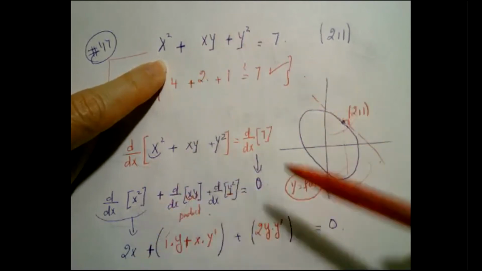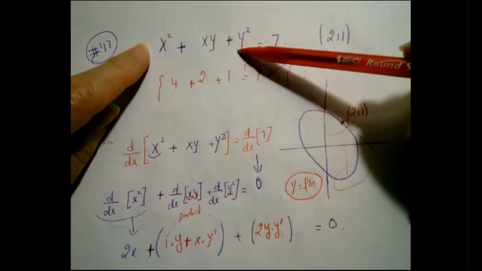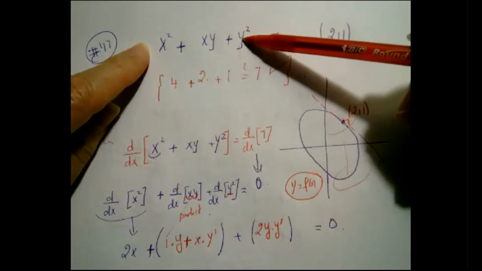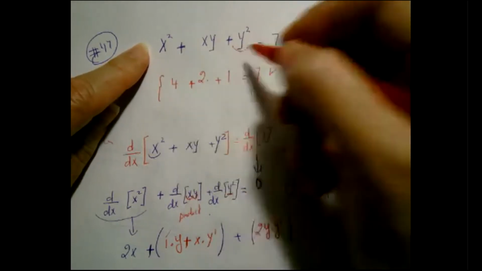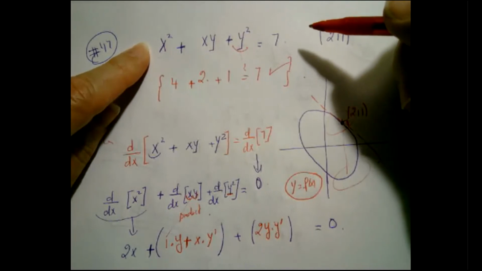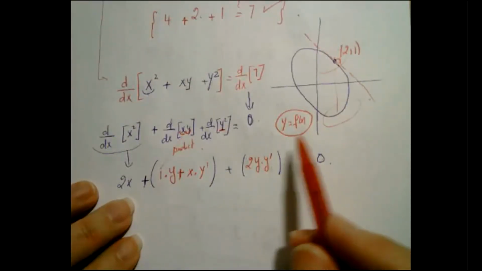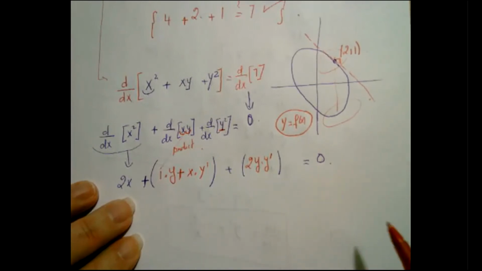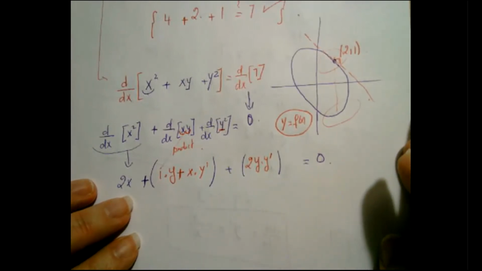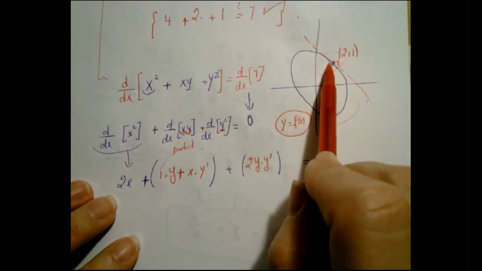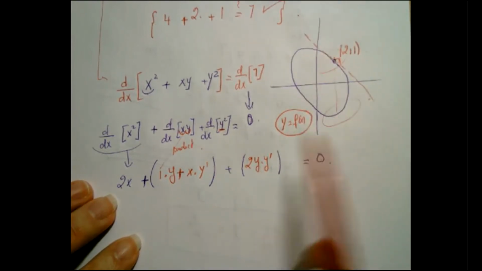I have to go back here and find a formula for y as a function of x. It means I have to solve this for y, which is not always a simple issue. So it's not just a y here. It's something that depends on x that we don't know, and we don't want to know. I don't care about it. That's really the idea. But I care about the slope right there.